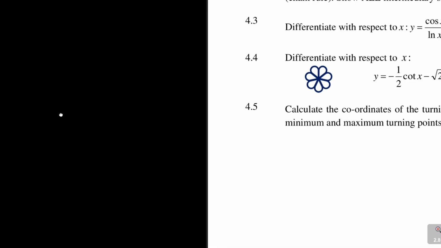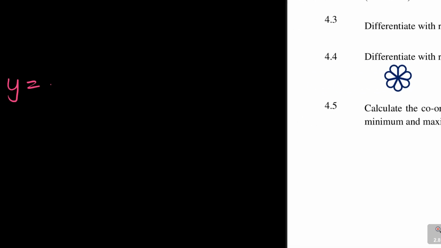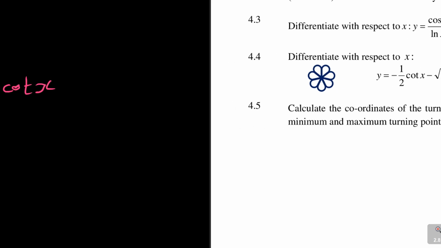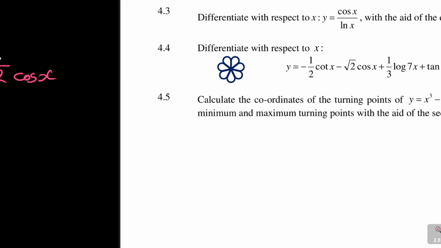If I try to write it down, they are saying y is equal to negative half cot x, minus square root of 2 cos x, plus 1 over 3 log 7x, alright, plus 10 to theta.